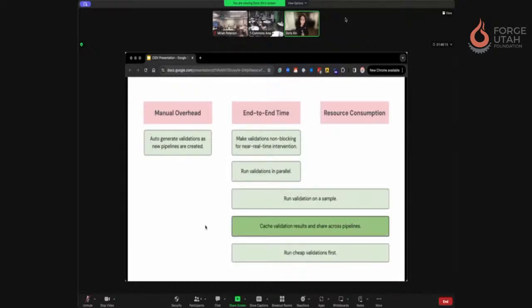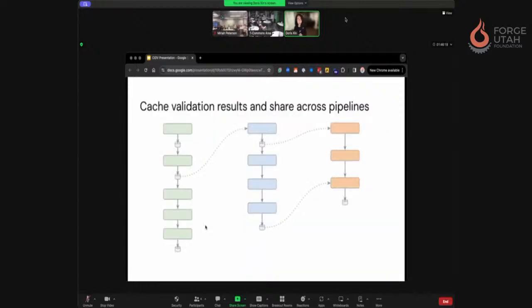Okay, so another one I wanted to talk about quickly is caching validation results and sharing across pipelines. We talked about how a lot of times these pipelines are interacting with each other. They're working on the same or similar data assets, and they're also producers and consumers of each other's results.